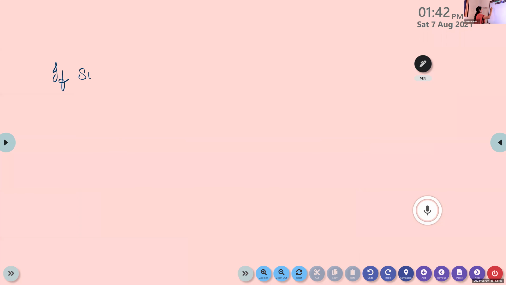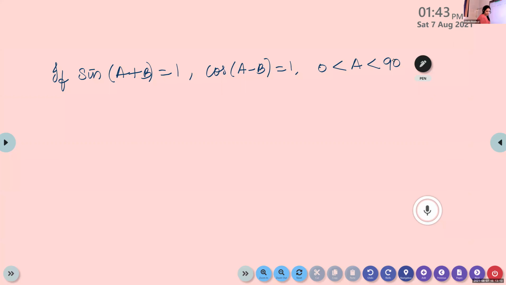If sine of a plus b is equal to 1, cos of a minus b is equal to 1, where 0 less than a plus b less than or equal to 90, and 0 less than a less than or equal to 90. Find a and b.